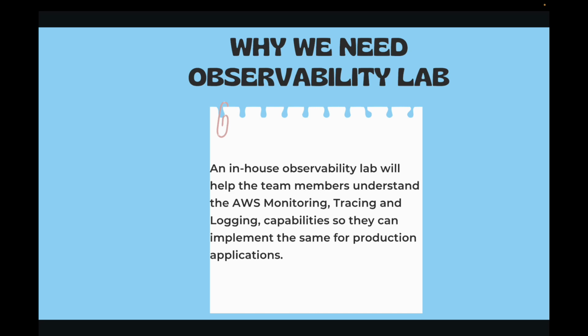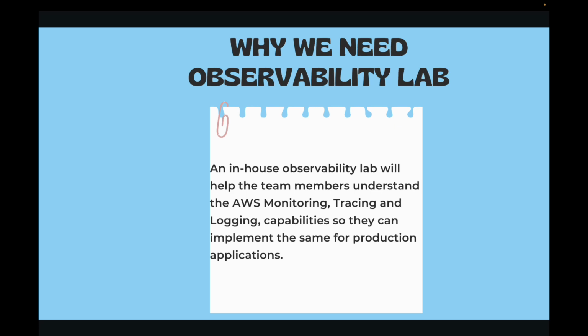I strongly recommend an in-house observability lab for every organization, no matter how big or small your team is. I recommend you set up this lab so that your team members can understand the value of AWS monitoring, tracing, and logging, and the capabilities it brings, so you can implement the same for your production applications and infrastructure.